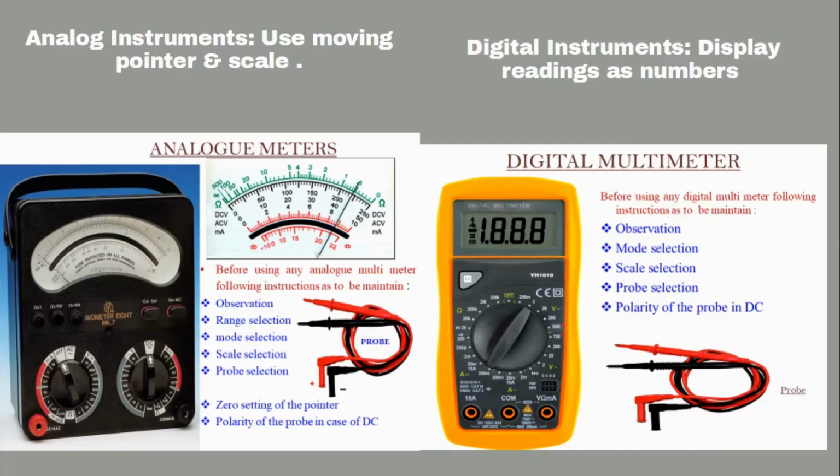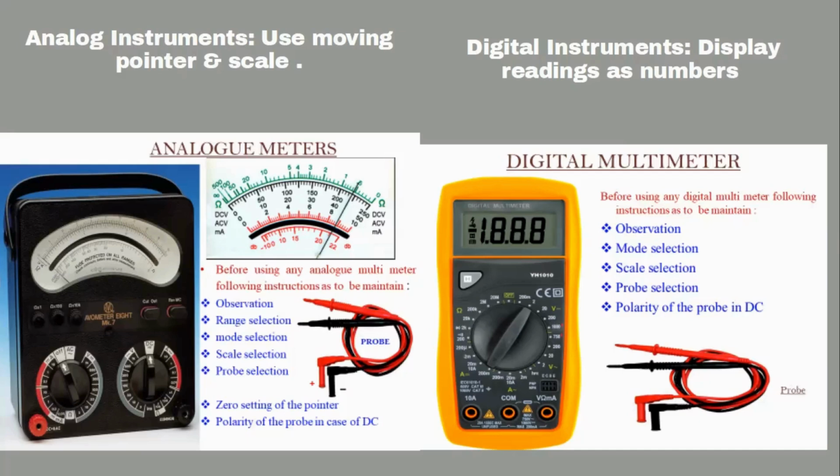Some characters, some numbers will be there on the display. That means you have a display on it, and we call those digital instruments. Then you can study further. In both cases, observation is very important: range selection, mode selection, scale selection, probe selection. Probe means the positive and negative probes, the black and red probes that are given for current measurement. Depending upon the meter and model, you have to compulsorily check what facilities are there.